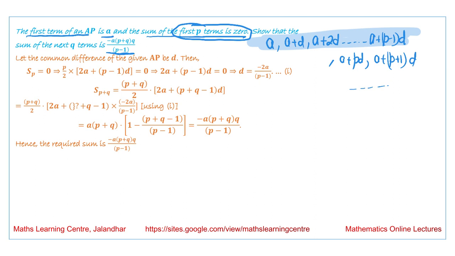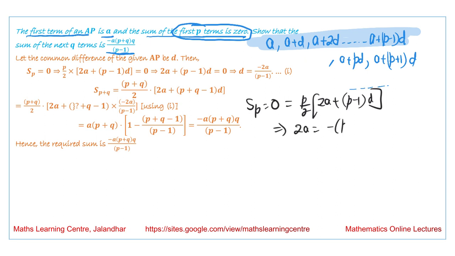If we apply the formula, Sp = 0 = P/2 × [2A + (P − 1)D]. This implies that 2A = −(P − 1)D, so D = −2A/(P − 1).